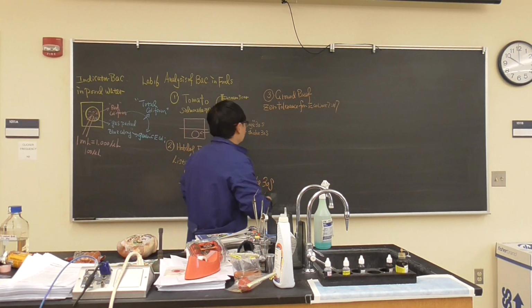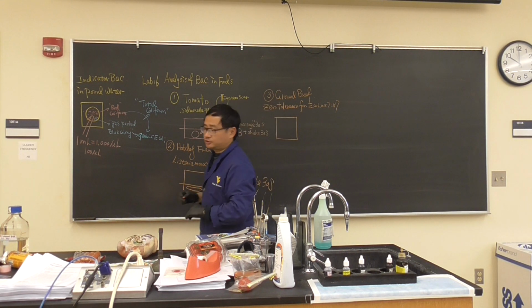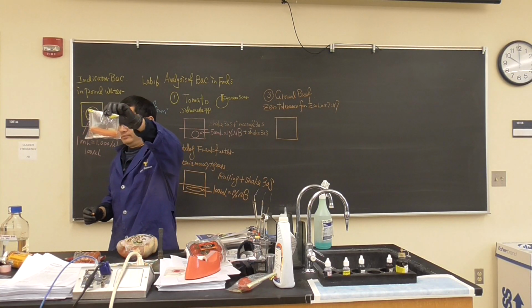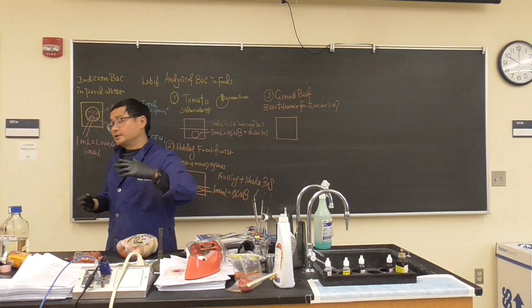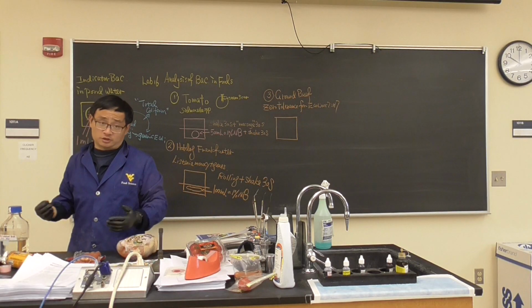So ground beef, how are we going to do it? For ground beef, you cannot use these sampling bags. It will basically be homogenized, so you're not going to get a solution.